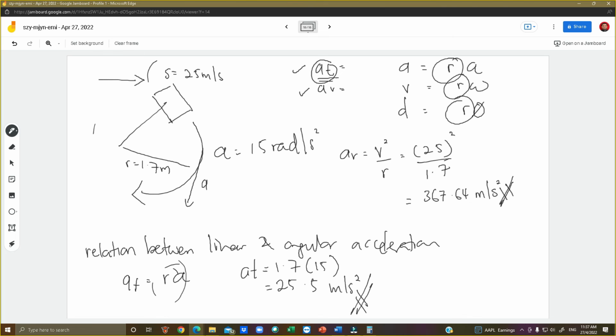What are the magnitude of radial, tangent, total? Cakap mampu semua sekali dia minta tu. Radial. Remember the vector component of total acceleration. 10, 12. Okay.